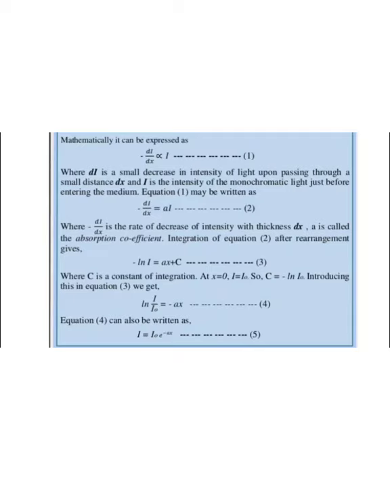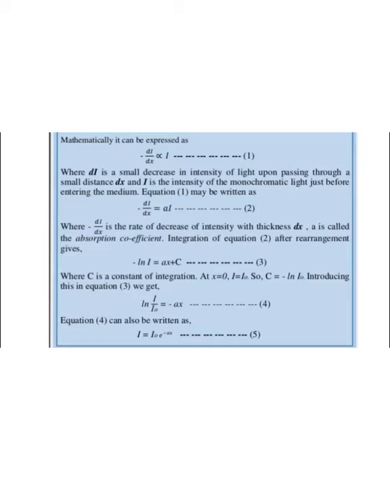Then we integrate equation 2 after rearrangement, taking the same terms on one side: minus dI upon I is equal to a dx.